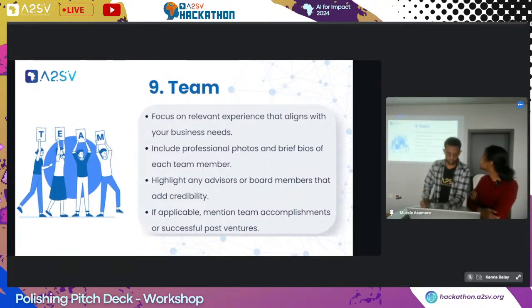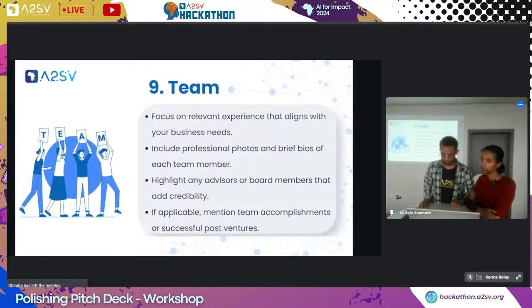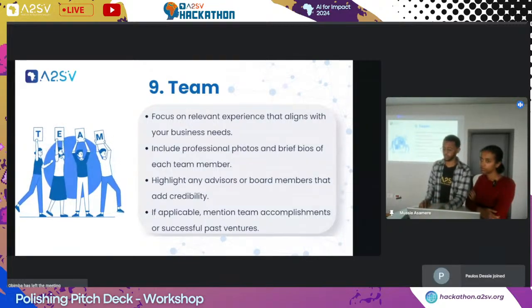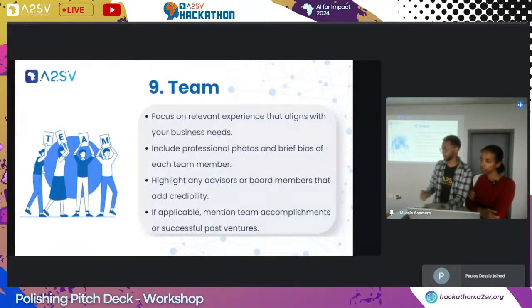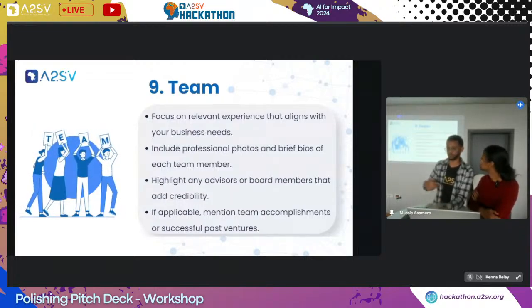Before the final slide of your pitch deck, the penultimate slide would be your team. In this slide, you should focus on relevant experience. What that means is you should mention your team members, but you should also outline the relevant experience you have that makes you the best fit for this project.